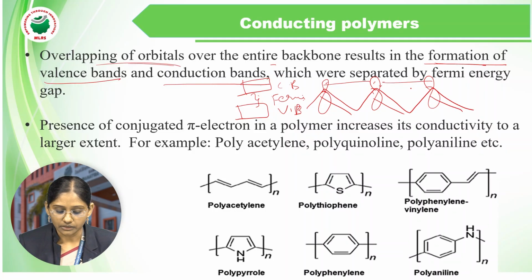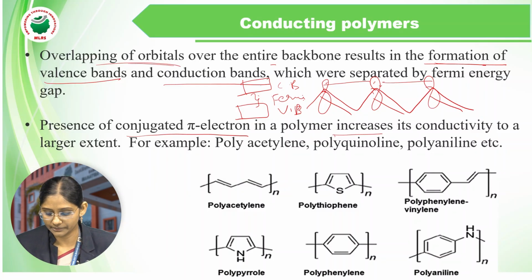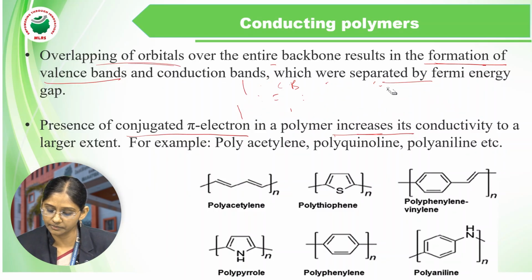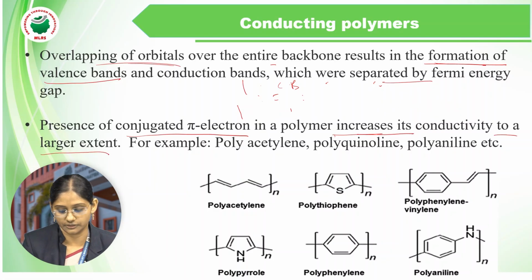Next, the presence of conjugated pi electrons in a polymer chain increases the conductivity to a larger extent. Why?